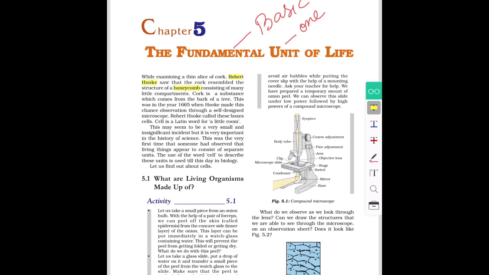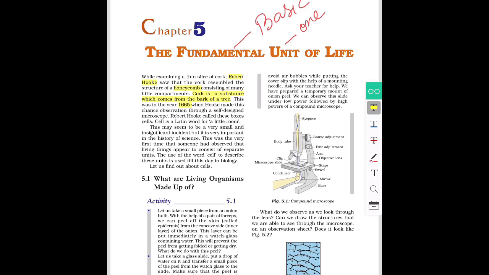What is a cork? Cork is a substance that comes from a bark of a tree. This was in the year 1665 when Robert Hooke made this chance observation through a simple designed microscope.